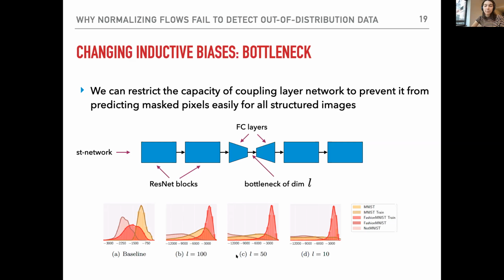In our experiments, these networks with a low-dimensional bottleneck led to better performance for OOD detection. Again, this idea doesn't fully resolve the issue, but we can see that the lower the dimensionality of this bottleneck is, the better the relative ranking of the train data versus the out-of-distribution data.